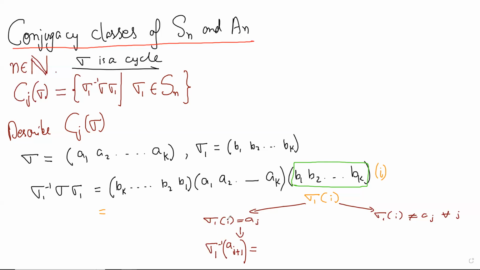If sigma 1 is giving aj to aj plus 1, then the inverse will give aj plus 1 to aj, I guess, because it's inverse. It will take backward once.